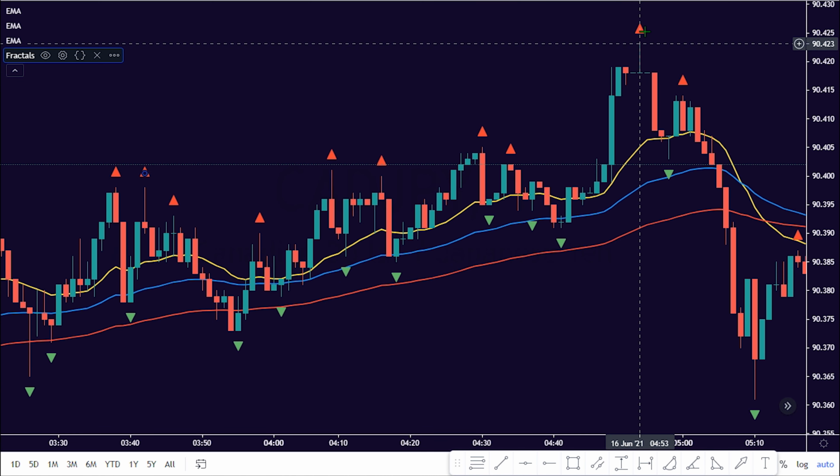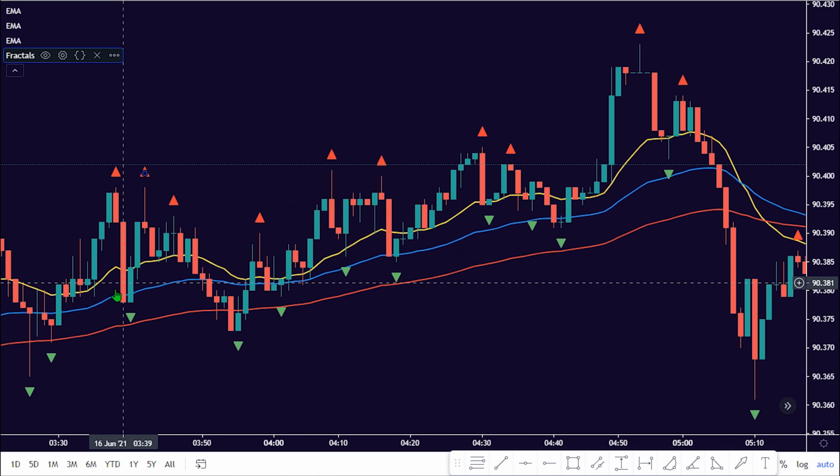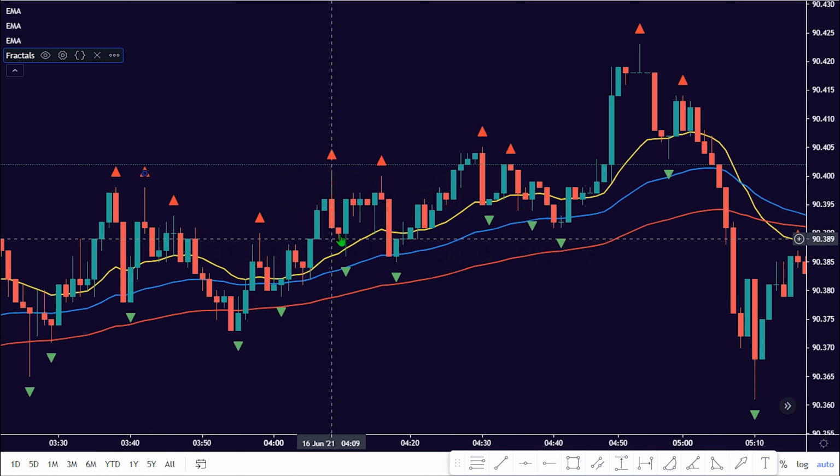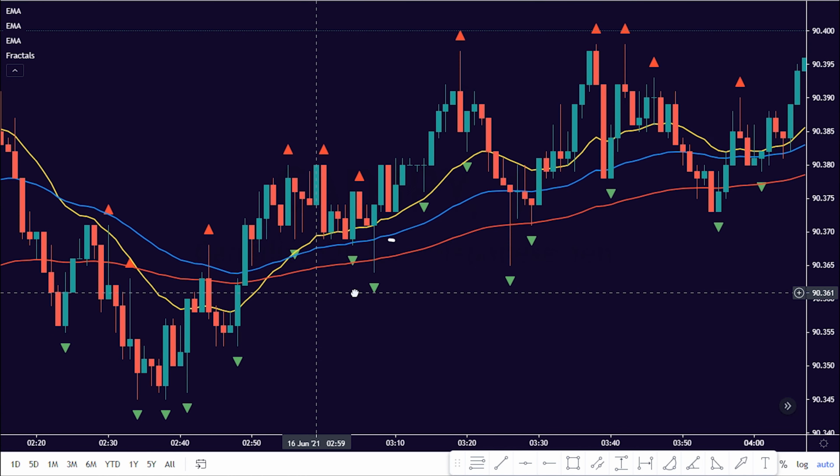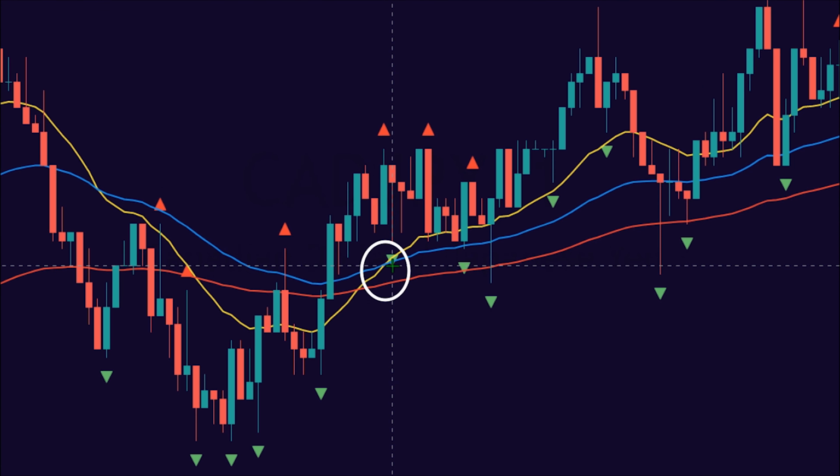How do these indicators work now that we have these indicators' parameter settings modified to suit our trading styles? The EMA indicator works for a long position whenever the 20 period, which is the yellow line, crosses above the 50 period, blue line, and the 100 period, red line.